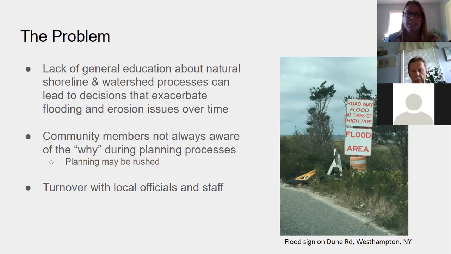The last problem identified was turnover of local officials and staff, a lack of consistency in the people in offices that you can reach and have a long-term relationship with, because shoreline decisions are not one and done. There will constantly be change over time.